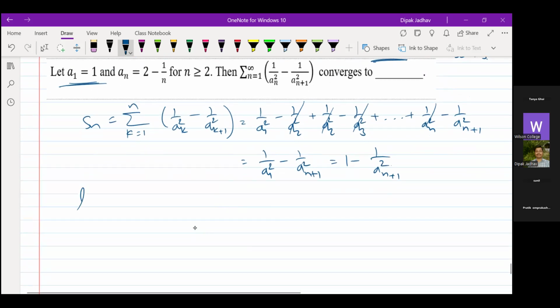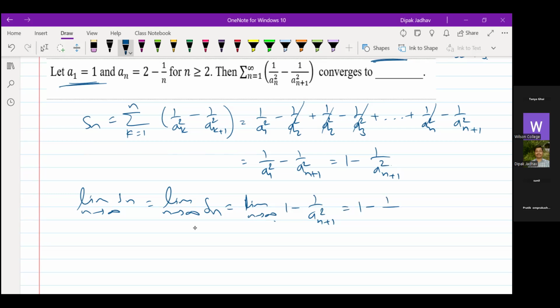Okay, so limit of Sn equals 1 minus 1 by an plus 1 whole square. Where does it go? Where does an go?